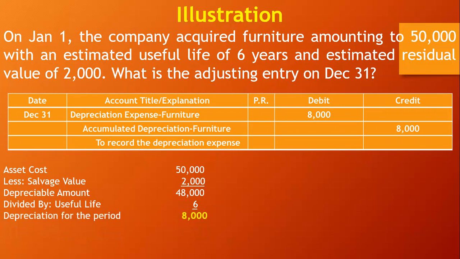Since ang tinatanong sa atin ay the entry or the adjusting entry on December 31, maybe this company ay nagkakaroon lang ng adjusting entry yearly. So, entry to record the depreciation expense on this specific given scenario is 8,000 debit, that is depreciation expense furniture, and then accumulated depreciation furniture credit 8,000.